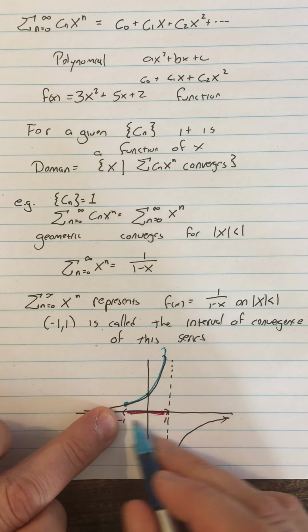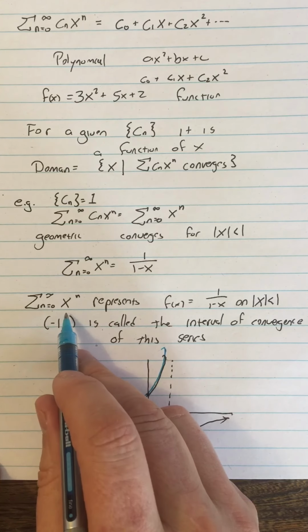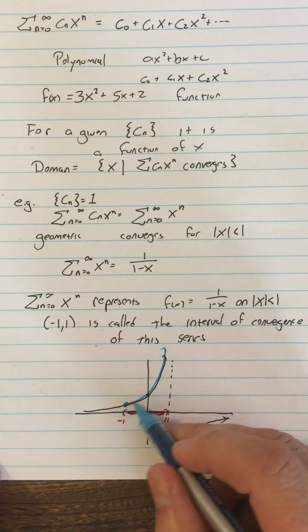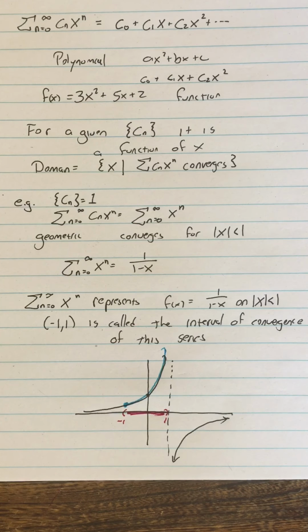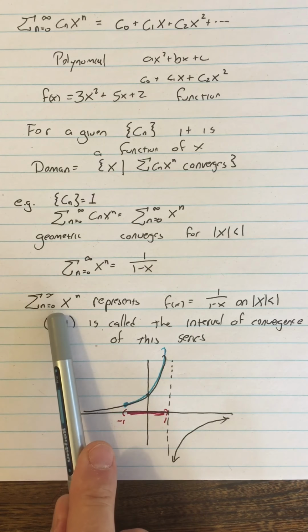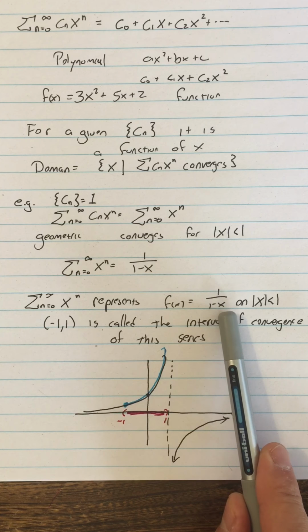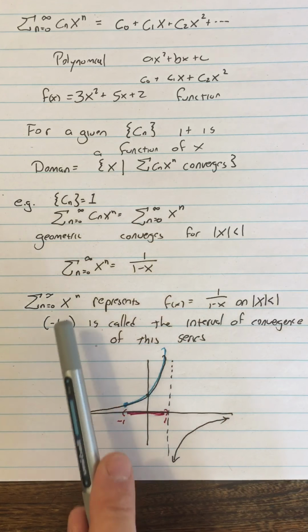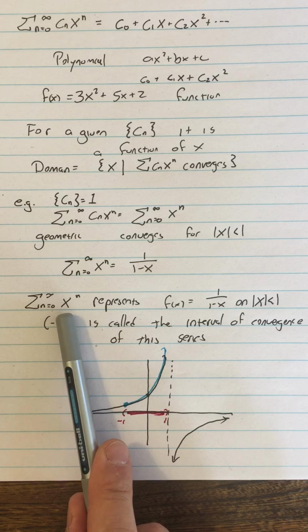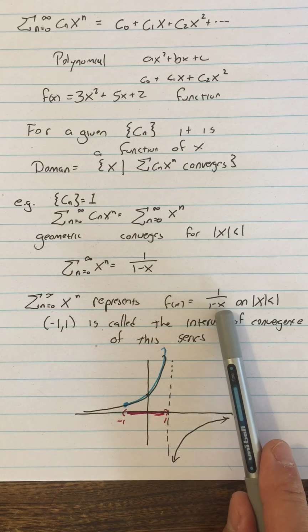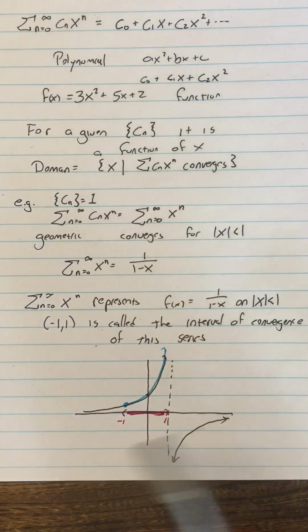But inside the interval of convergence, the series and this rational function are the same. That's important because the series is like a polynomial, but this is a rational function, not a polynomial. So the key to all of this is that we can use something that is like a polynomial to model something that's not a polynomial. We're going to see a little more about what this means graphically in the next video.